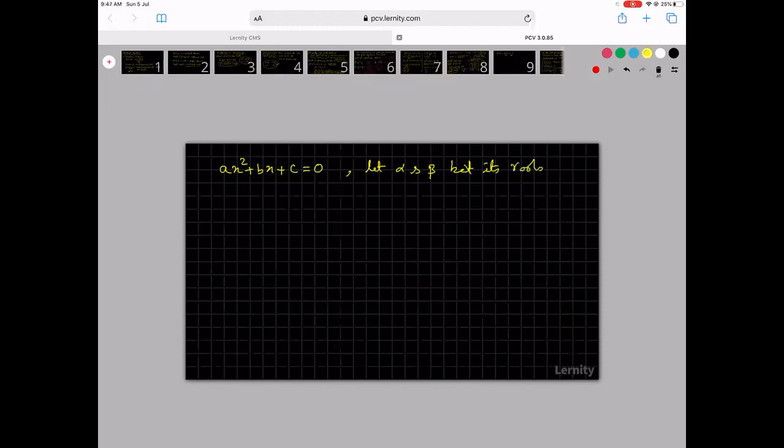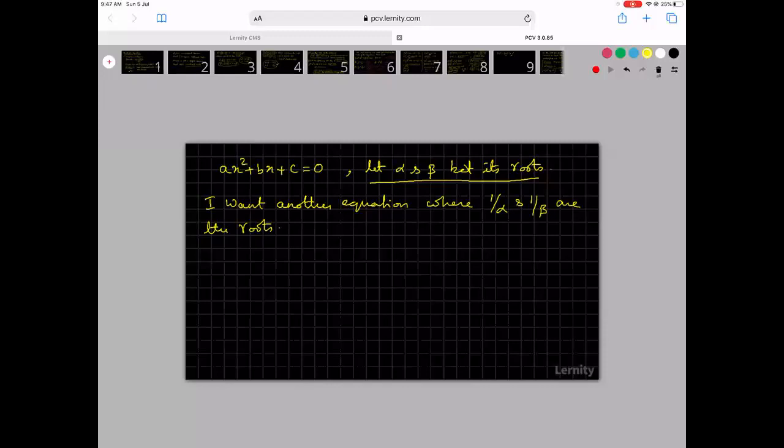Now I want another equation where 1 by alpha and 1 by beta are the roots.